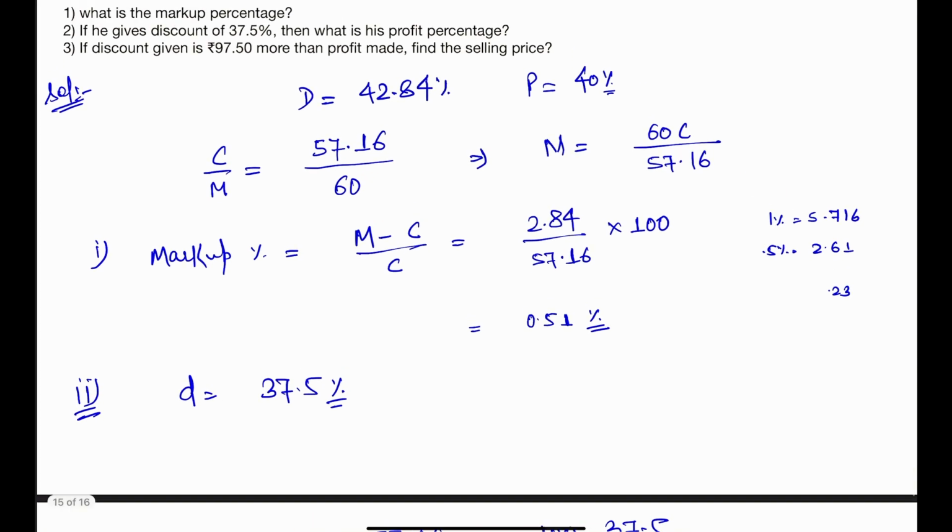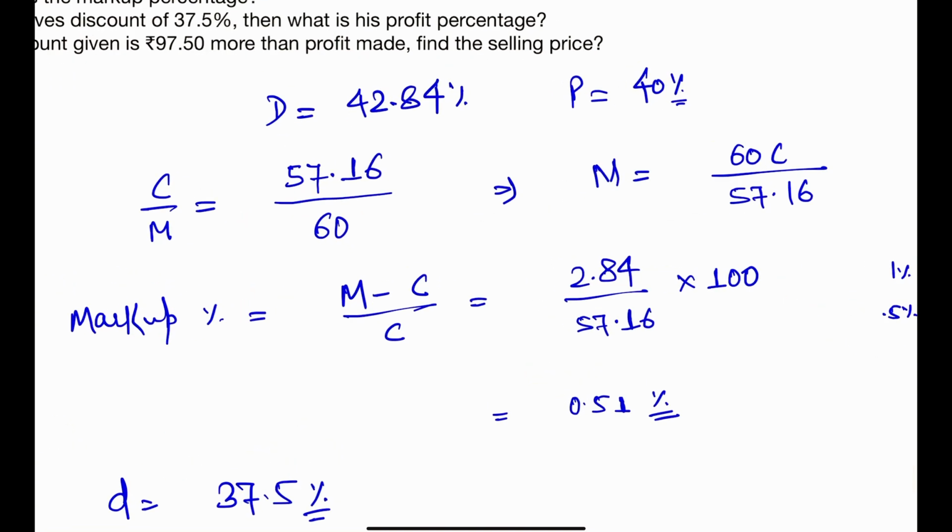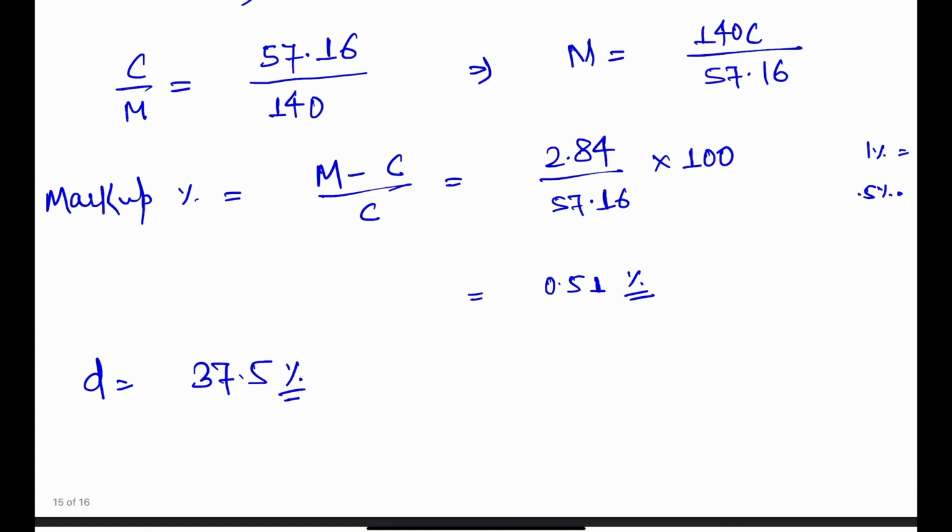Wait, I made a mistake over here. If he made a profit, it will be 140, and here also 140. If that is 140, then how much will this place be? 57. So 2.84 will make it 60, 70, 72. That's all.